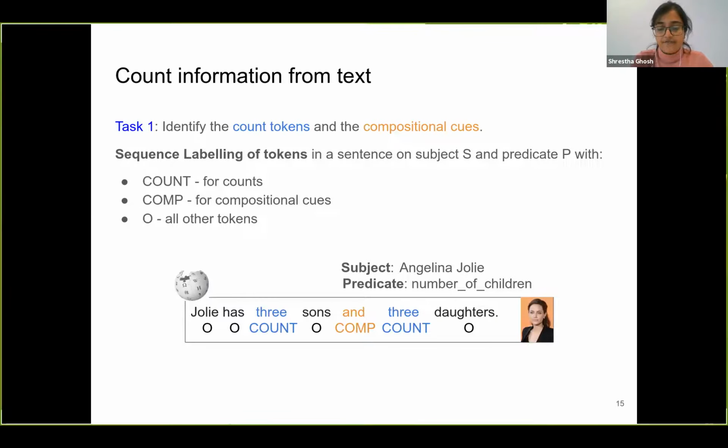Here we have Angelina Jolie, and she has 3 sons and 3 daughters. The correct count here would be 6, but we can only know that if we know that the 3 sons and 3 daughters are to be added. So they are connected by this compositional cue.